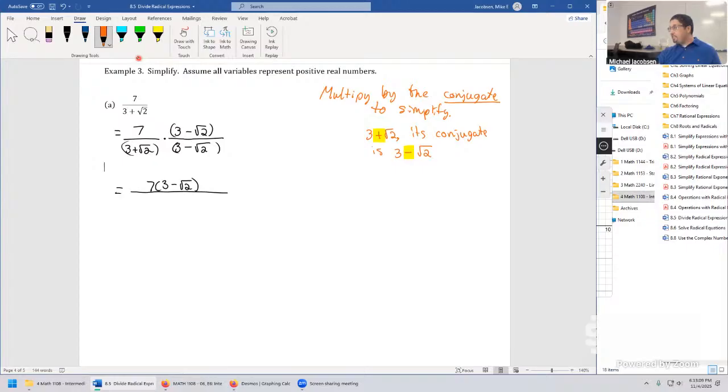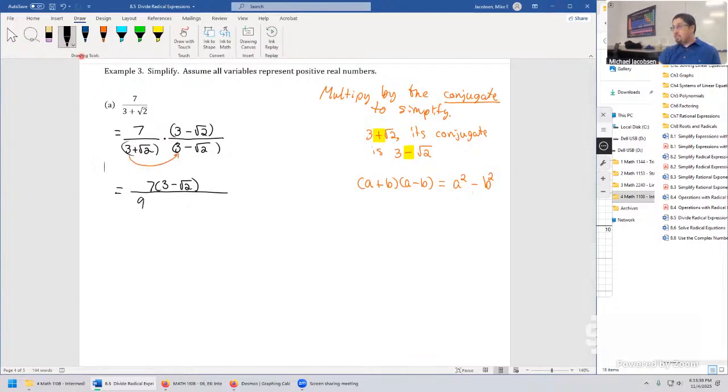If you take anything of the form a plus b times a minus b, whether there's square roots inside or not, this becomes the difference of squares formula. FOILing has the middle terms canceling, and you're left with a squared minus b squared. So if you square 3, you'd get a 9. If you square root 2, you get a positive 2, and there's just going to be a minus sign in the middle. If we FOILed it out in full, this is what it would look like.